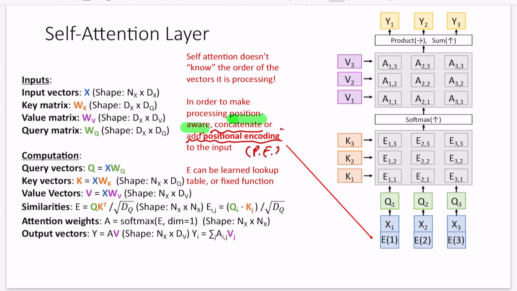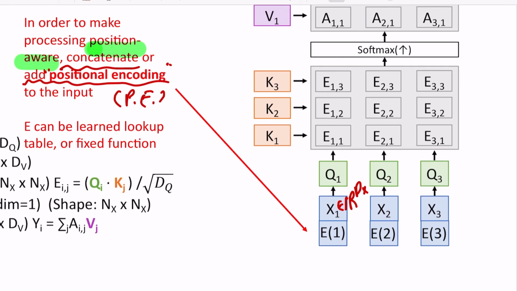Okay, so as we discussed in the previous slide, x1 was a vector, right? There are many kinds of ways to give the position information. First of all, it will be one kind of vector, and then it can be concatenated to the original vector, or if the dimension is the same, we can just add them to each other.